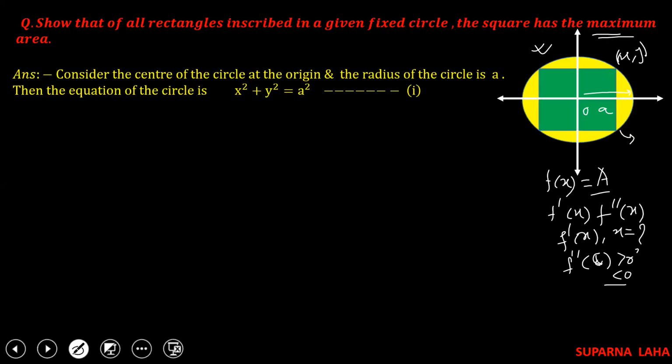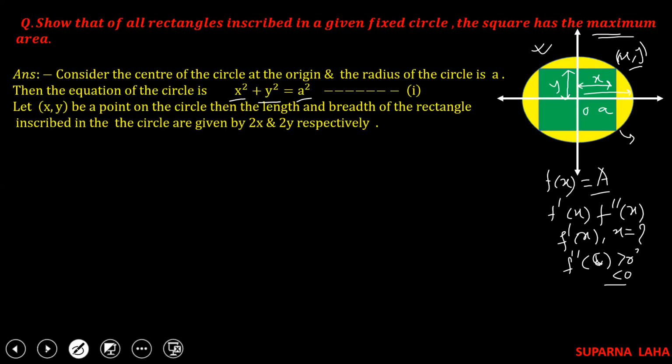Okay, so here the equation of the circle is given by x square plus y square is equal to a square. And if this point is x comma y, that means this distance is x and this distance is y. And if distance is x and y, then we can say the length and breadth of this rectangle is given by 2x and 2y.